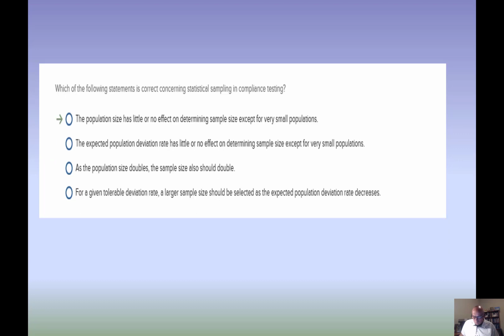Okay, let's take a look at this one. Which of the following statements is correct concerning statistical sampling in our compliance testing? We're talking about compliance testing, complying with the prescribed controls. So for our control testing, we've seen that the population size has little or no effect except for very small populations.